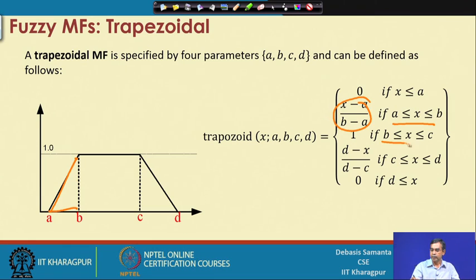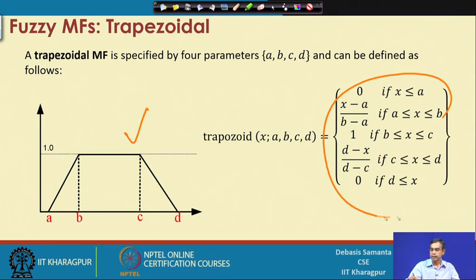In between B and C, it is basically 1, and in between C and D, this is the slope, which can be described by this, and if x is greater than D, then it is 0. With this concept, the membership function can be described in a mathematical manner.